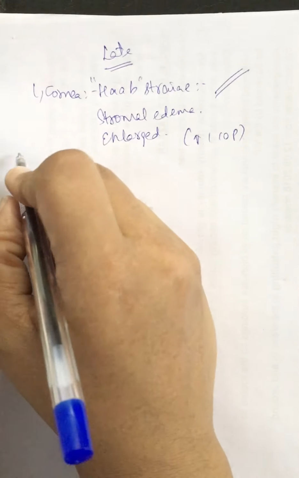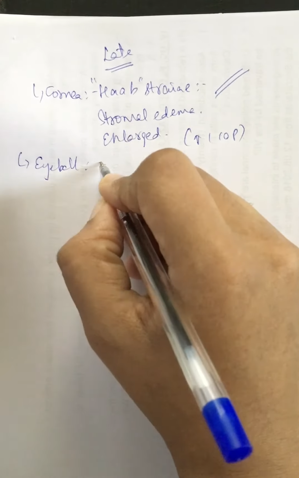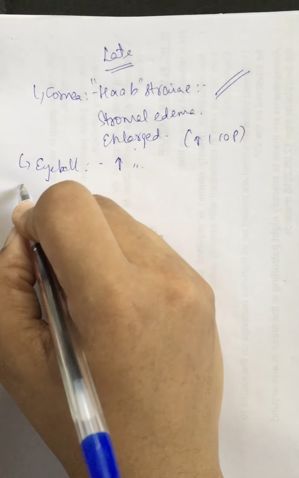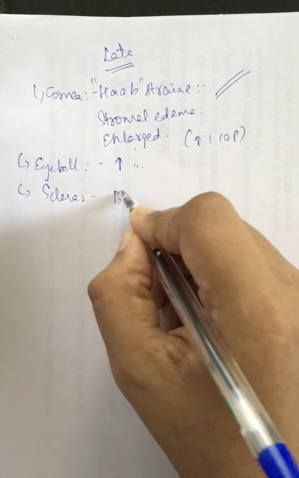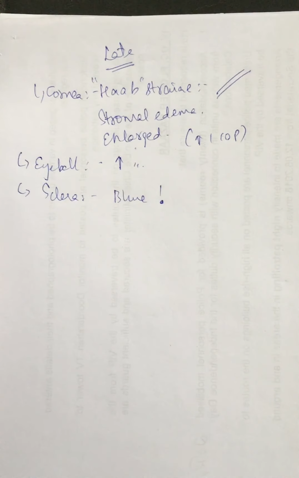And then we move on to the entire eyeball as such. The eyeball is going to be enlarged, again ditto. And then there comes the sclera, the white of the eye. The white of the eye is going to become a bit blue. I'll tell you why.